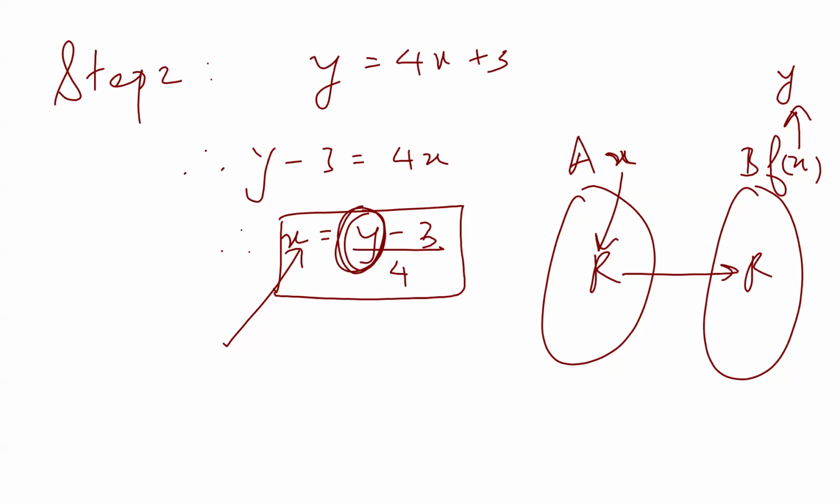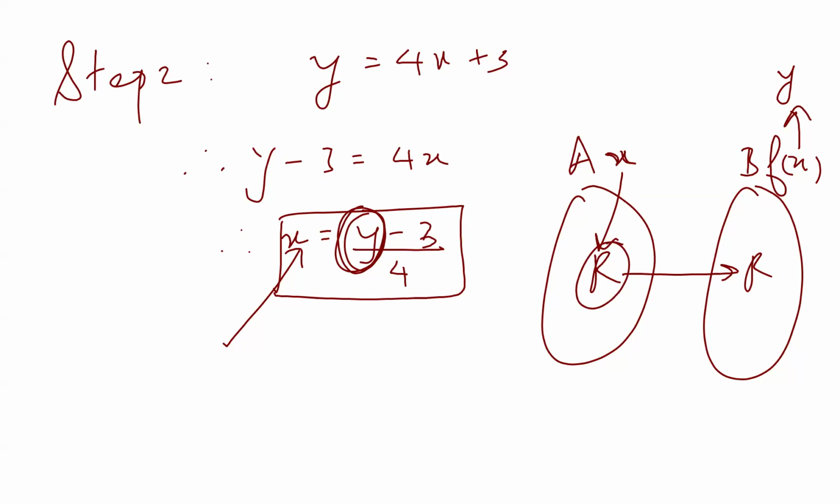If you're putting y as 100, 100 minus 3 by 4, 97 by 4. It's a real number. If you're putting it as minus 100, minus 100 minus 3 upon 4 is minus 103 upon 4. Negative but still real.